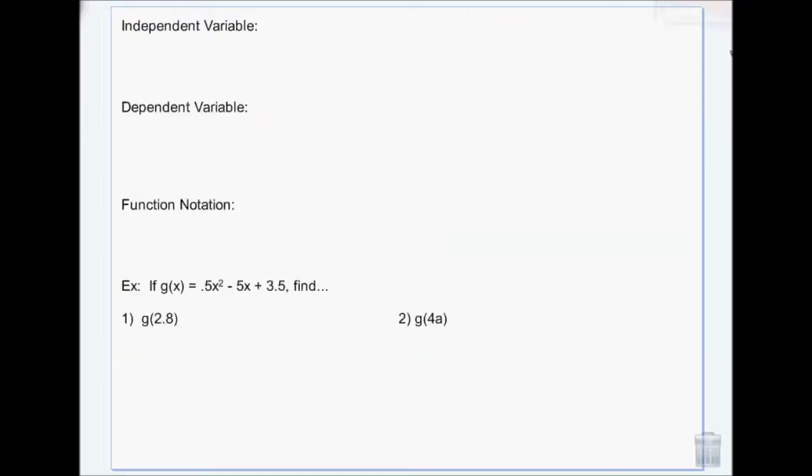One is independent, one is dependent. The independent variable is the variable that has freedom. This is our domain element, or our domain variable.